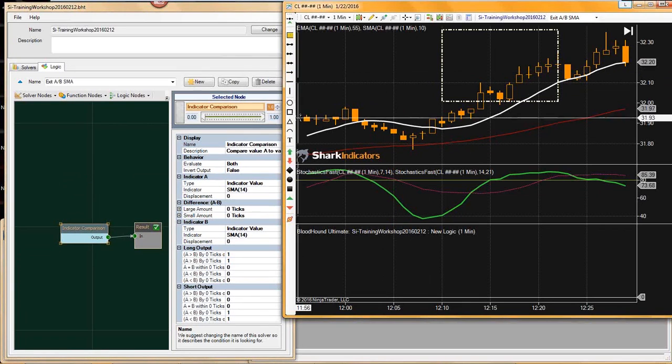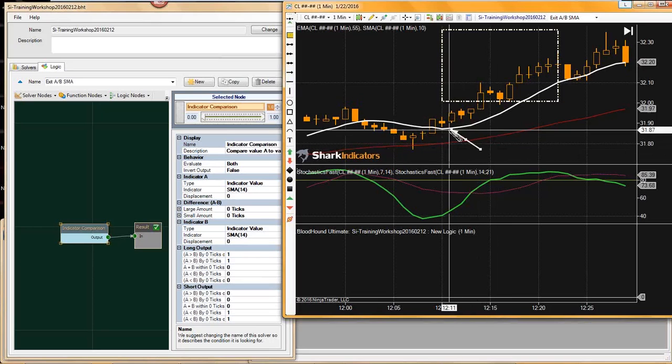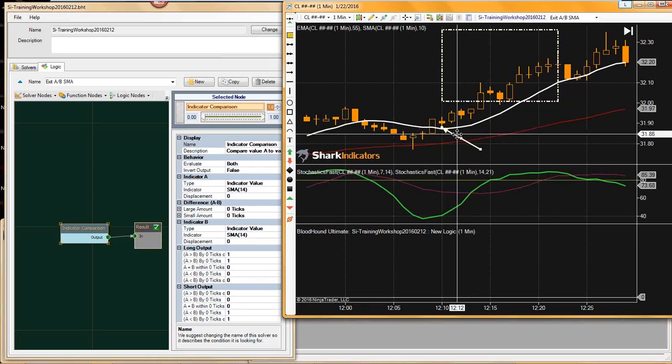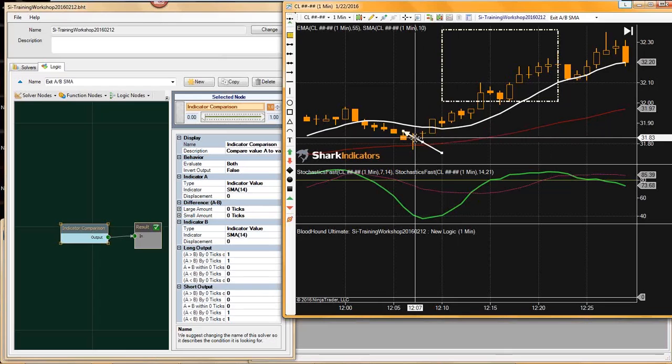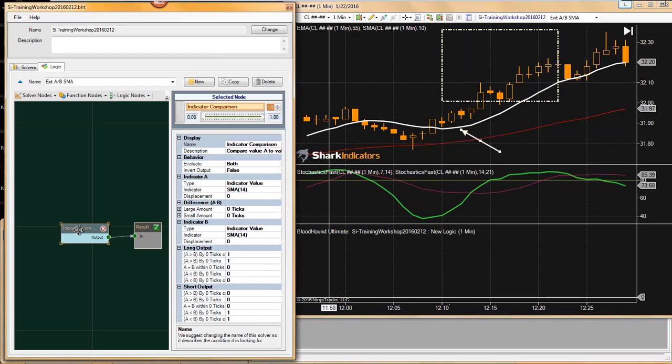The key to understanding how this is going to work is knowing what tells us when a bar is completely above the moving average. Well, when the low price of the bar is above the moving average, then we know the bar is not touching. Or if the high price of the bar is below the moving average, then we know the bar is not touching. So those are the two price points that are key here.